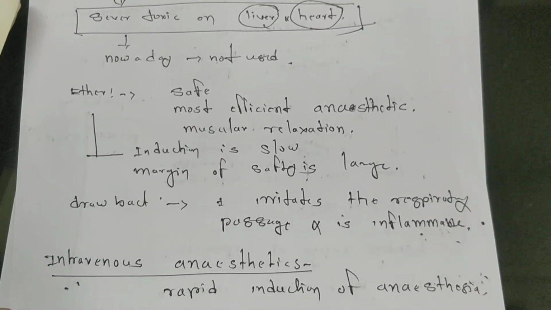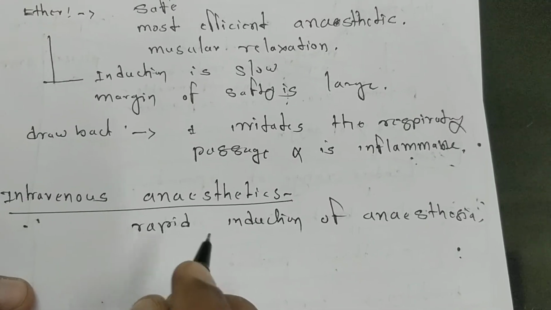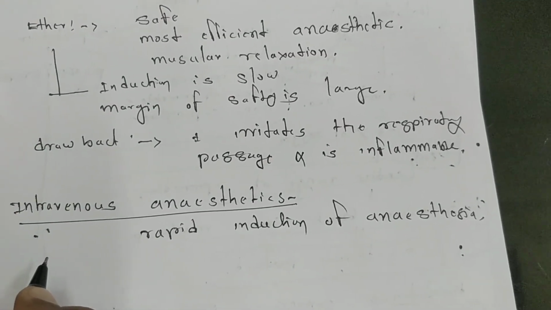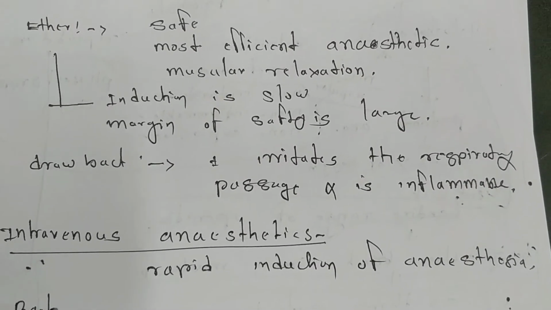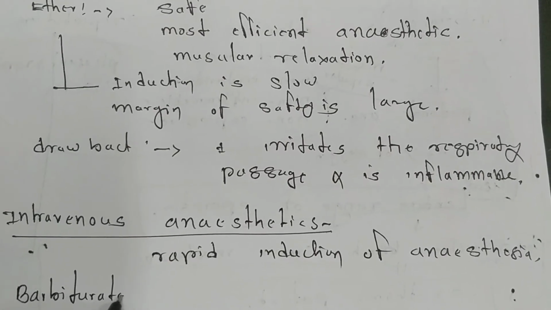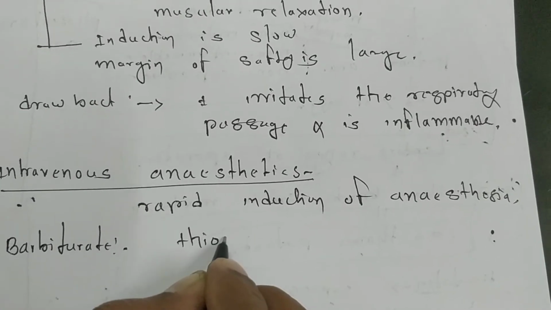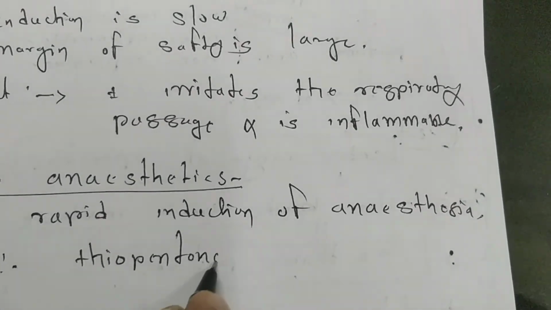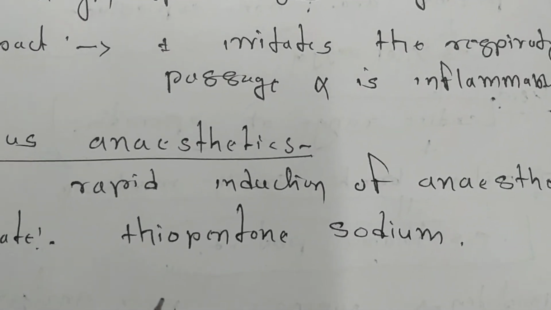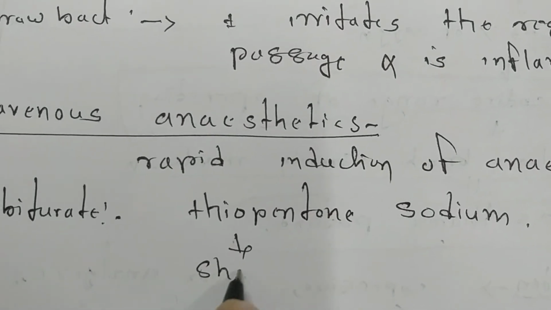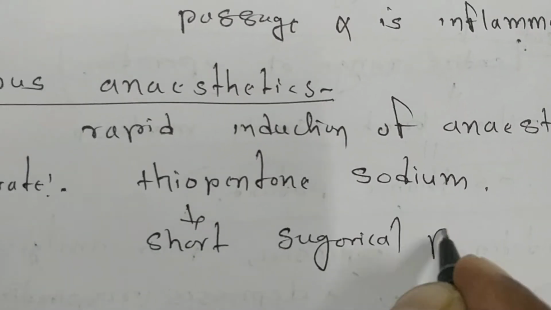They are used for short surgery and diagnostic procedures. Their example is barbiturates. Ultra short acting barbiturates, thiopentone sodium is the example. It is used for short surgical procedures and operations.